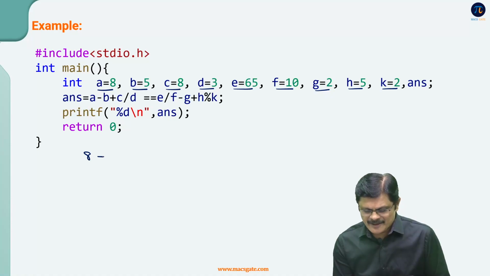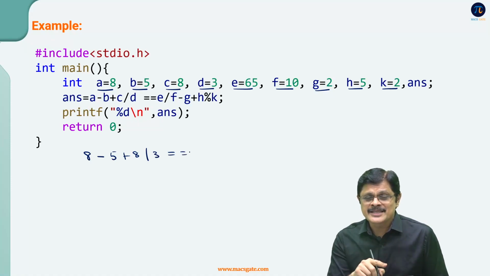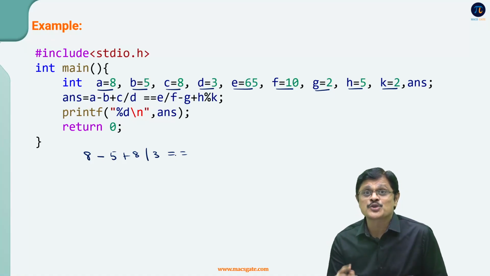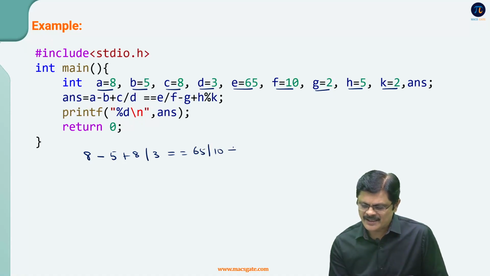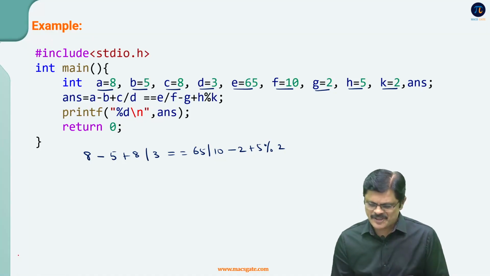A, that is 8, minus B is 5, plus C is 8 by D is 3, double equal to symbol says we are comparing with the equality sign. Okay, this refers to equal to, not assignment. And then E, that is 65 by F, that is 10, minus G, that is 2, plus 5 percentile 2.